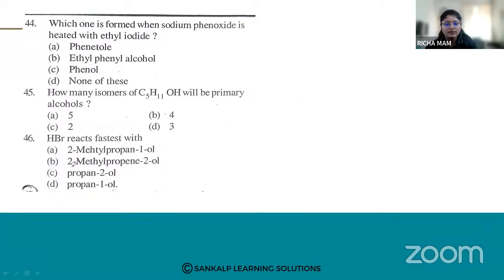So here, 2-methyl propan-2-ol is a tertiary alcohol.